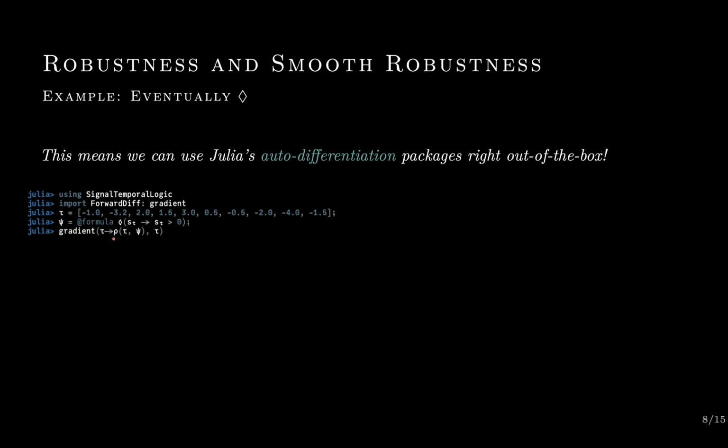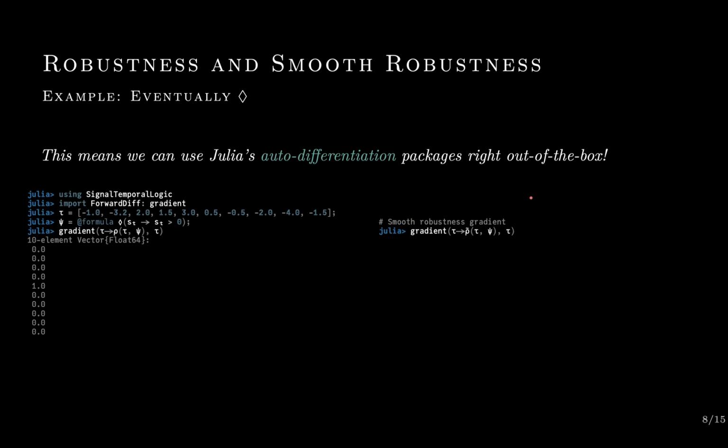Then we can just say gradient of the robustness given the formula with respect to tau. So we just pass that in. And this gives us that gradient that we saw in lecture, where it's 0 everywhere except for right when the signal changes. But again, that may not be super useful when you're, say, using robustness as a measure within optimization for its objective.